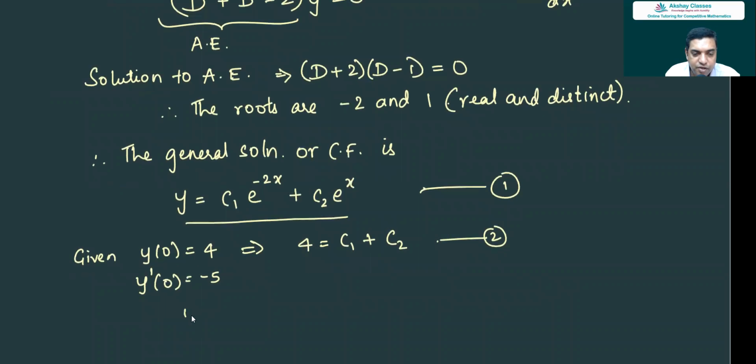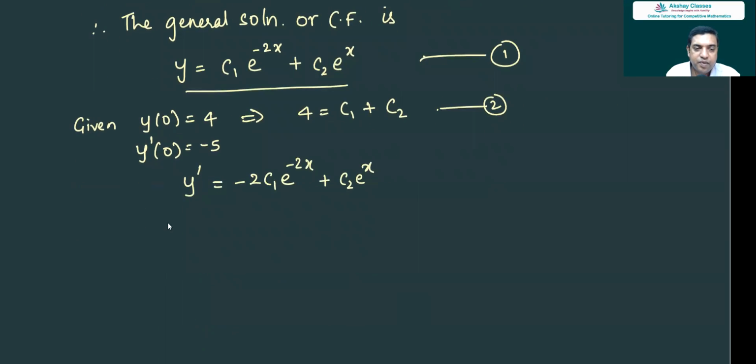So first differentiate y. We get y dash equal to minus 2 C1 e power minus 2x plus C2 e power x. So y dash 0 equal to minus 5 gives minus 2 C1 plus C2.